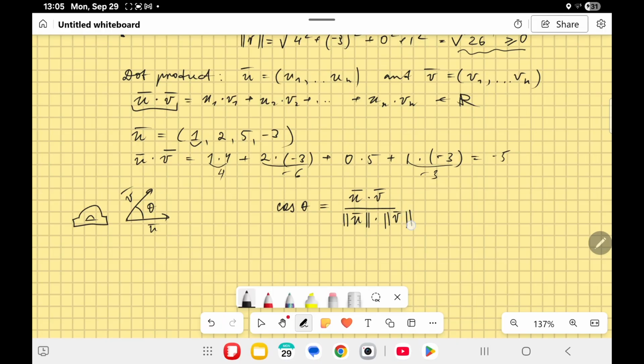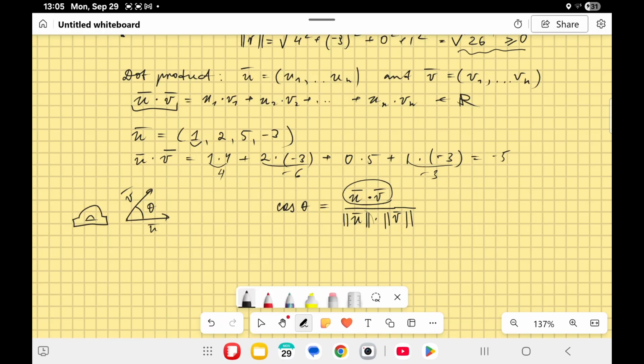Well, how are we going to define it? We're going to have the dot product in the numerator and the two norms of each vector in the denominator, and that's going to be the cosine of the angle. So the angle itself is not going to make any sense, but the cosine will make sense. It's going to be just a number.